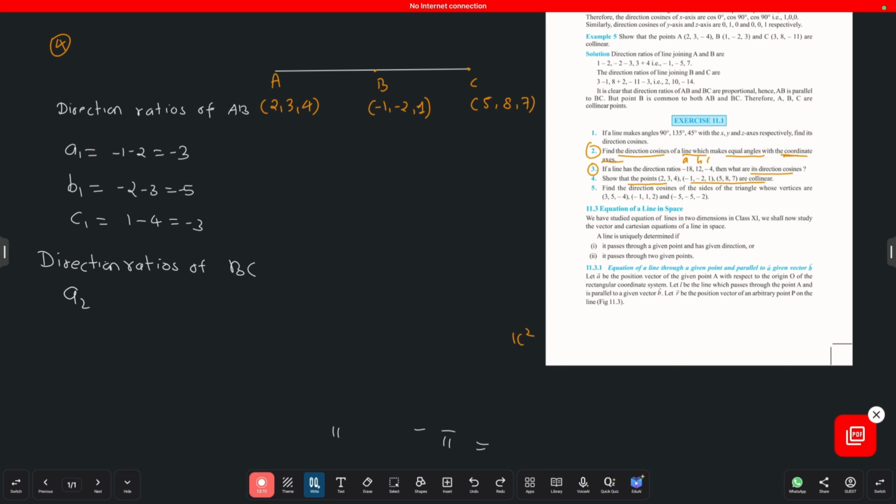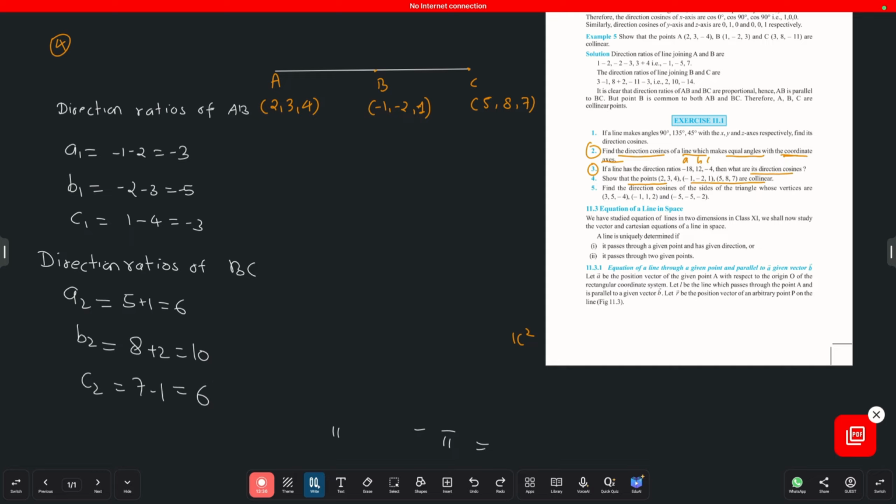So let's say A2, B2, C2. A2 value then 5 plus 1, follow me, 5 plus 1, 6. 8 plus 10, and 7 minus 1 is 6. Okay, so we have A1, B1, C1, A2, B2, C2.